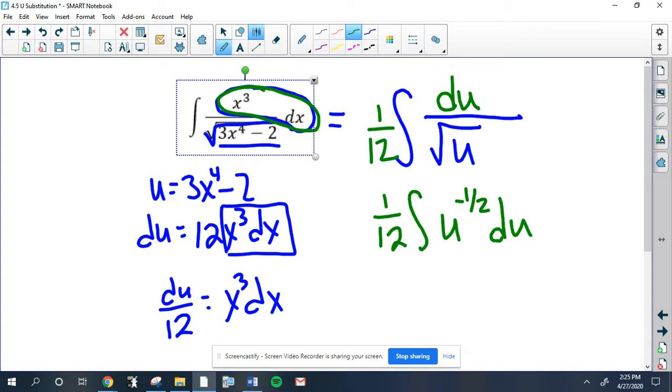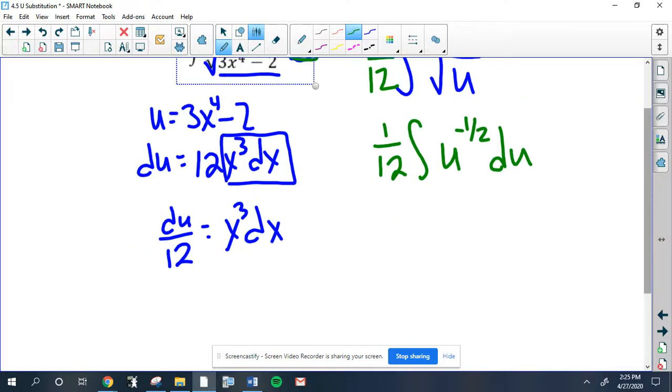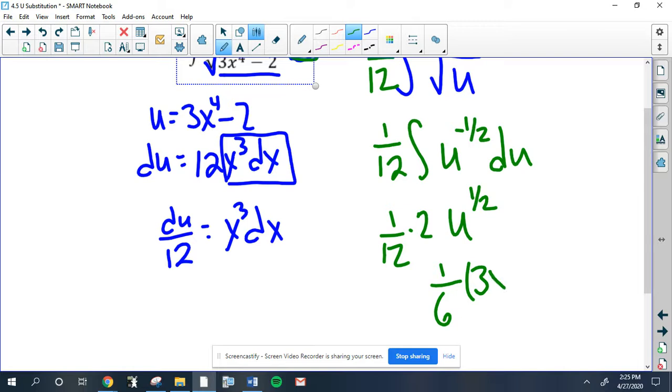And now you use the power rule, the only rule we know. Add 1. Multiply by the reciprocal, which is multiplying by 2. So that's 1/6 times u to the 1/2. And u was 3x to the fourth minus 2 plus c.